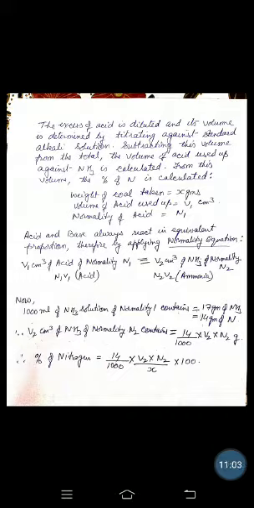Now we know V2N2 is equal to V1N1 of the acid, as I have written in the step before. So percentage of nitrogen is equal to 14 upon 1000 into V2 into N2 upon X into 100. What is X? X is the weight of the coal taken.